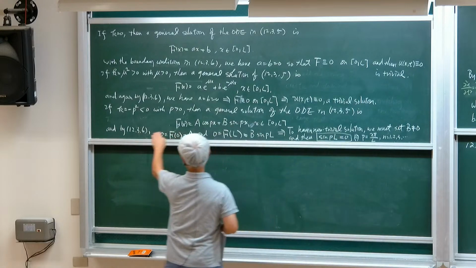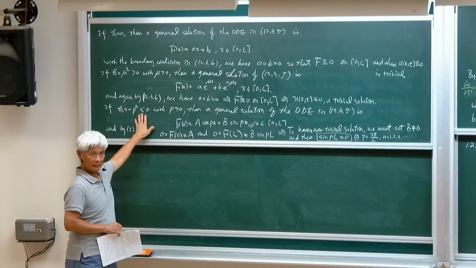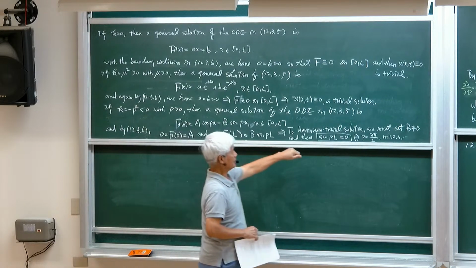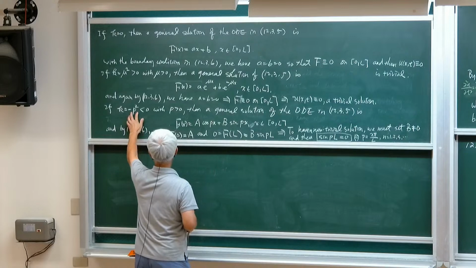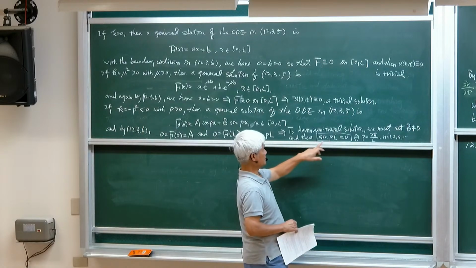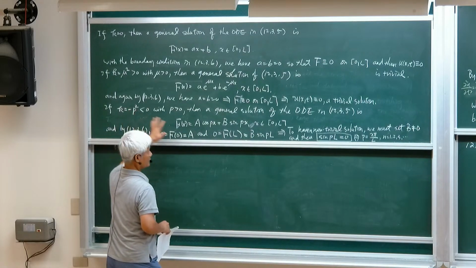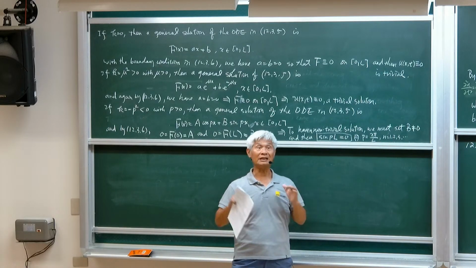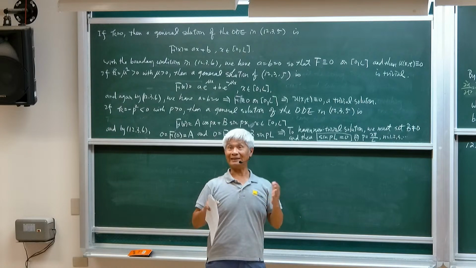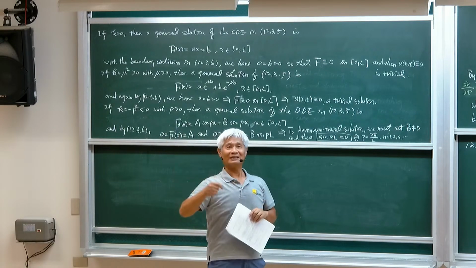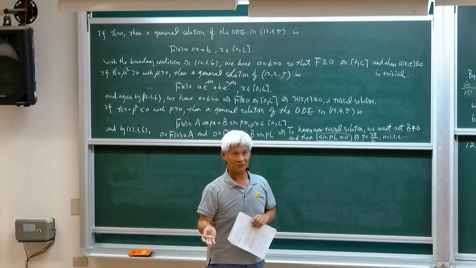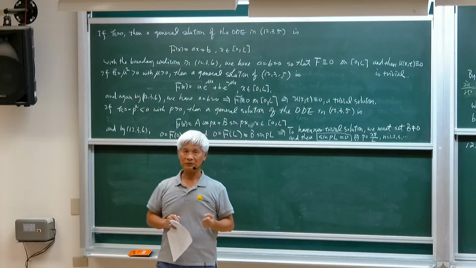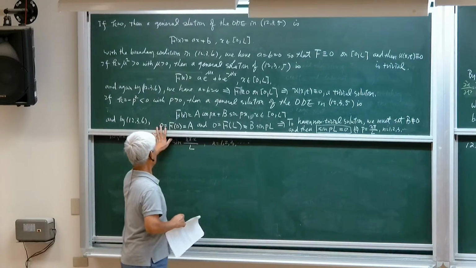But when k is negative, we find certain k, because this is minus p square, and certain p give us a non-trivial solution. So we're still alive, but not at the end, because we should find a solution u. But at this moment we're still alive because we found f.